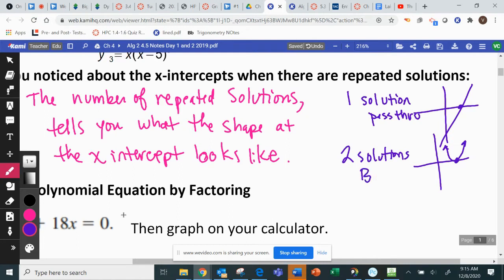Let's say bounces. It'll bounce off of it. Three solutions, cubic shape.